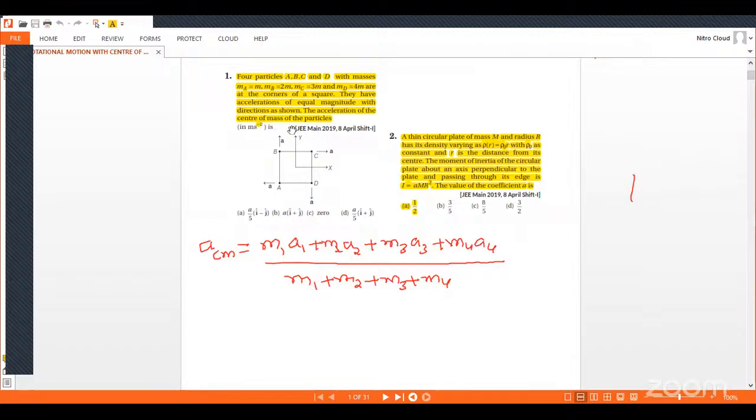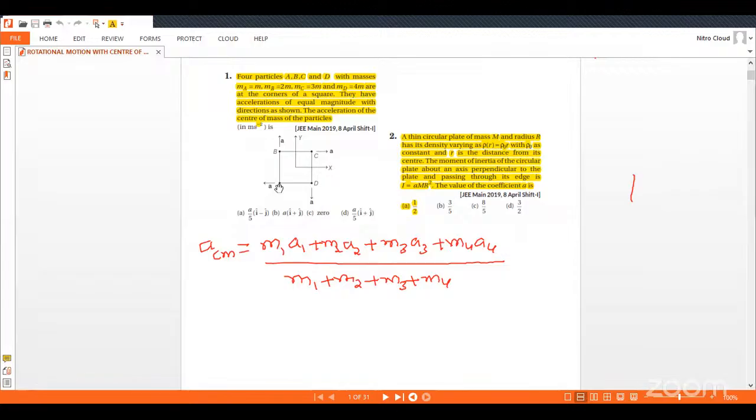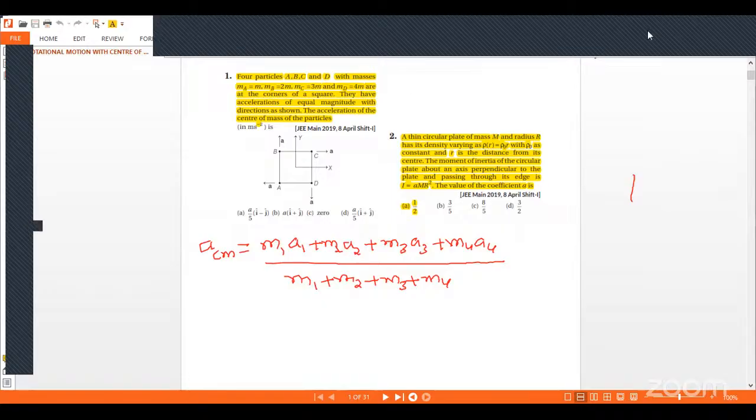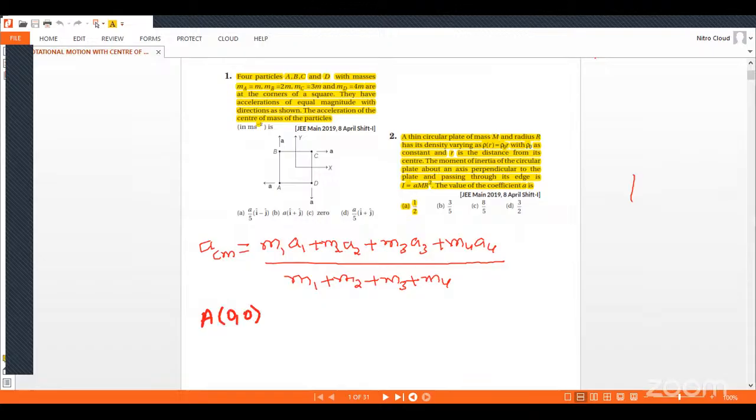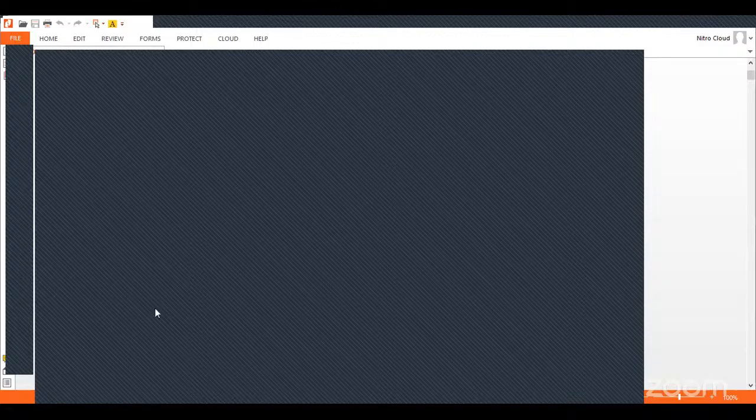At A, here I am considering it as 0, 0. From mass, it is M1A1 plus M2A2 plus M3A3 plus M4A4 by total mass, right?